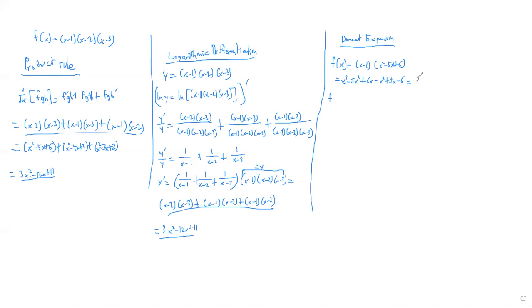So that's x cubed minus 6x squared plus 11x minus 6, and just to directly take the derivative of this, f prime of x is equal to 3x squared minus 12x plus 11.